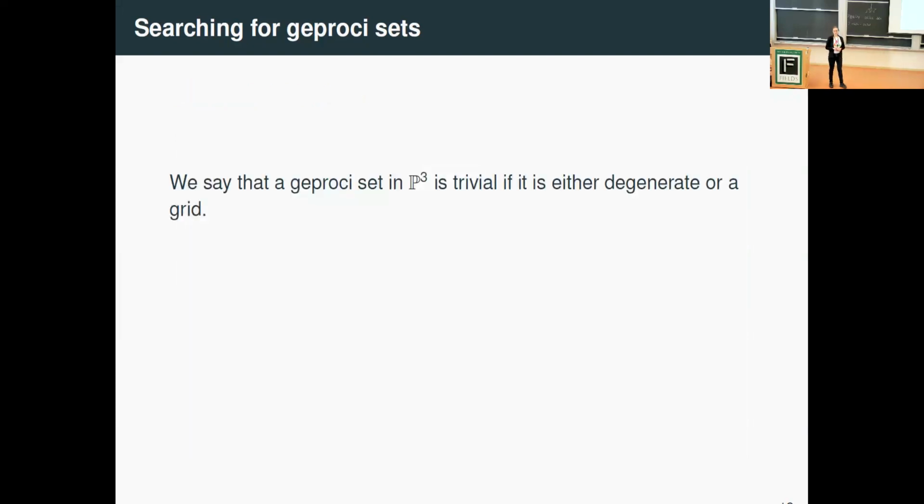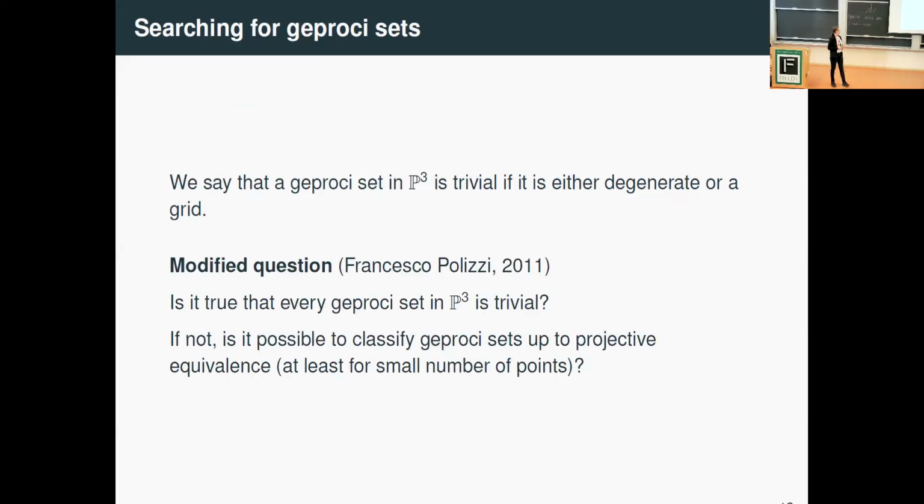Okay, so we may now consider whether there are some other Geproci sets which are not degenerate and not grids. We will call these sets non-trivial. So sets are trivial if they are degenerate or grids, and now we are looking for non-trivial Geproci sets. And the modified question of Polizzi would look like this.